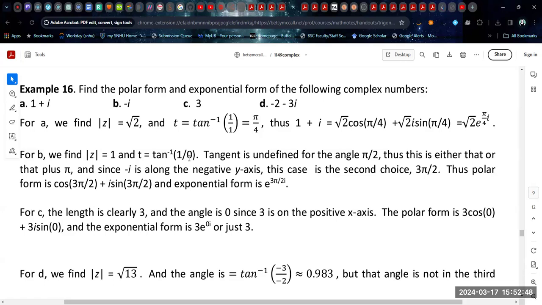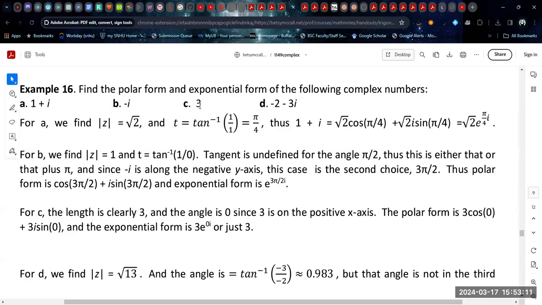This is not defined. Tangent is not defined when the angle is pi over 2. So again, this is either going to be pi over 2 or 3 pi over 2, depending on whether this is plus or minus. This is minus i, so that's not positive pi over 2. That's going to be either negative pi over 2 or 3 pi over 2.